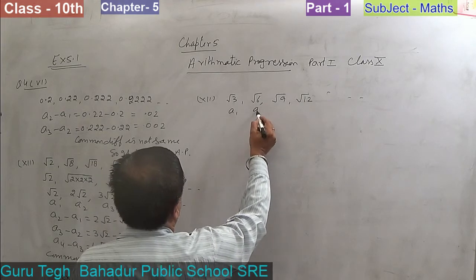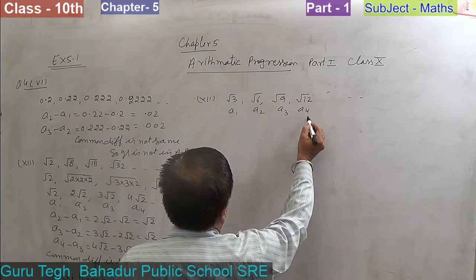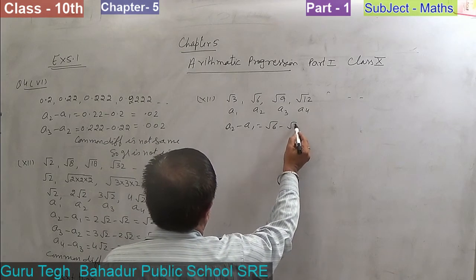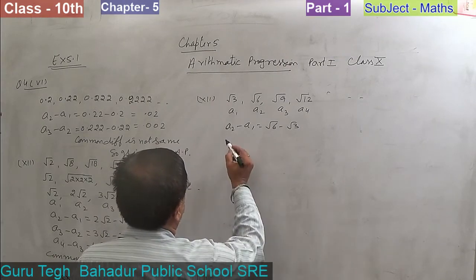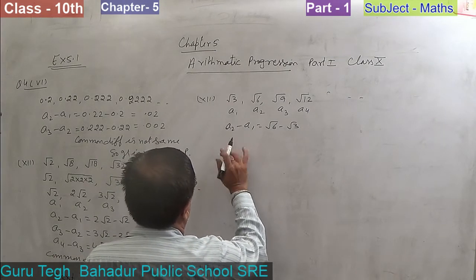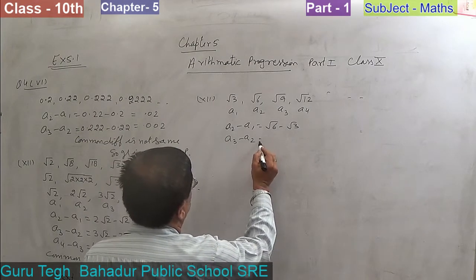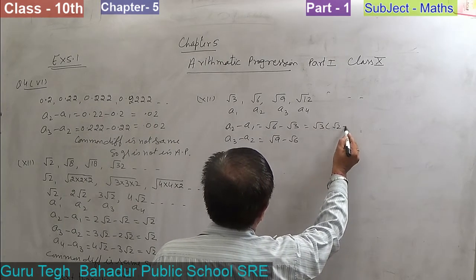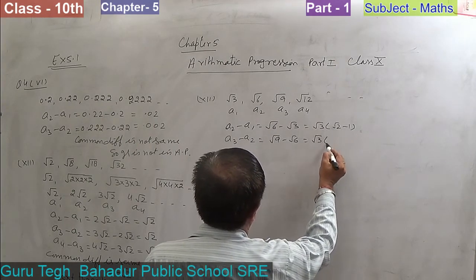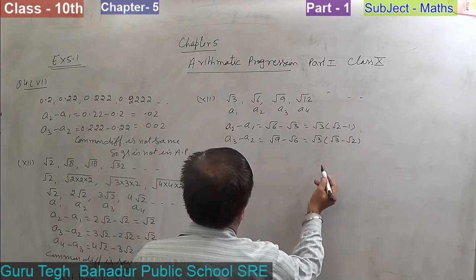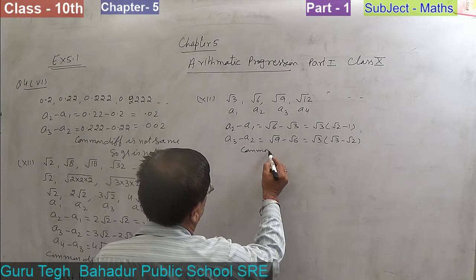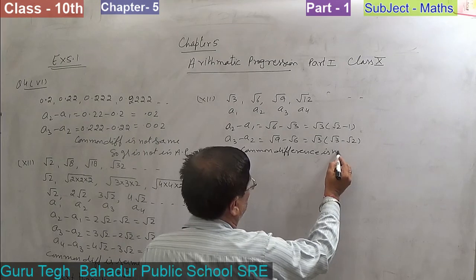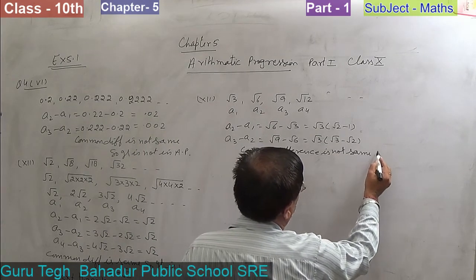So A1, A2, A3, A4. A2 minus A1, root 6 minus root 3. A3 minus A2, root 9 minus root 6. Here root 3 common, root 2 minus 1. Here root 3 common, root 3 minus root 2. So common difference is not same, so it is not in AP.